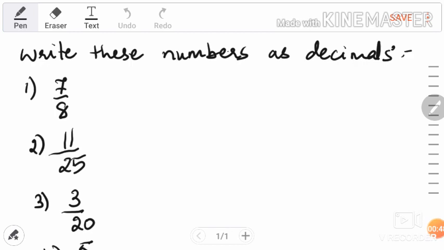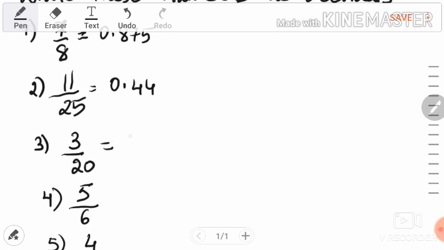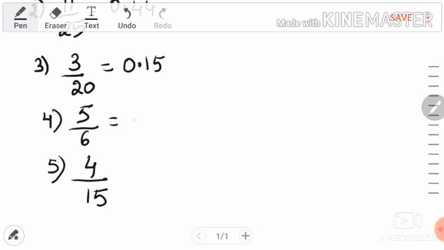Now check your answer. 7 upon 8 in the decimal form will be 0.875. 11 upon 25 will be 0.44. 3 upon 20 will be 0.15. 5 upon 6 will be 0.83 bar on 3, and 4 upon 15 will be 0.26 bar on 6.